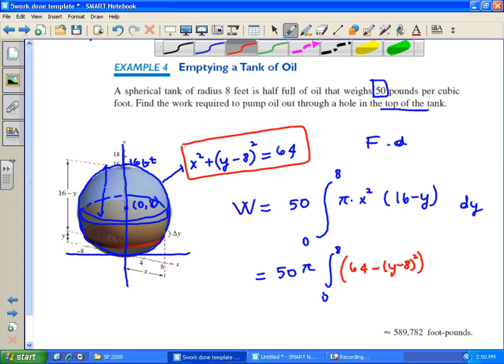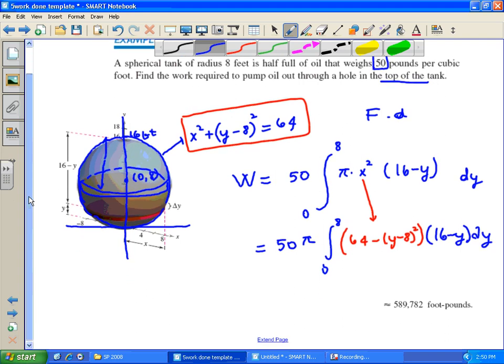Again, all of that for x squared, and then times 16 minus y. Okay, let me double check all of that. All right, that looks good. So that's one way to set up this problem.